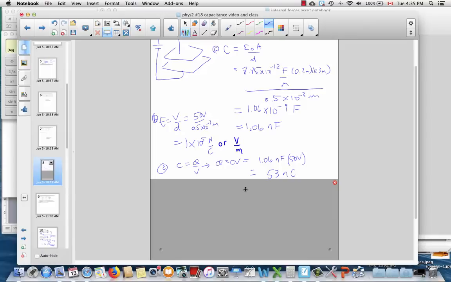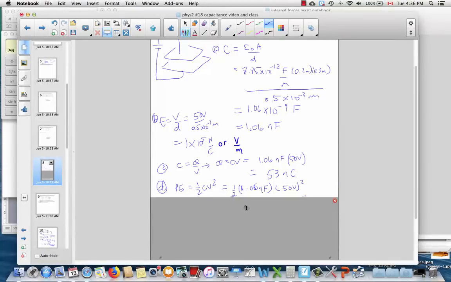Now for the energy, that's half CV squared. So we've got our 1.06 nanofarads of capacitance charged up to 50 volts. So 50 volts squared divided by 2 times 1.06, that's 1325.